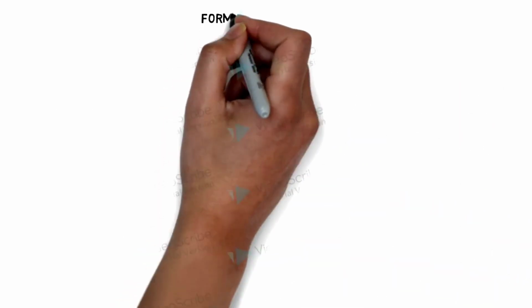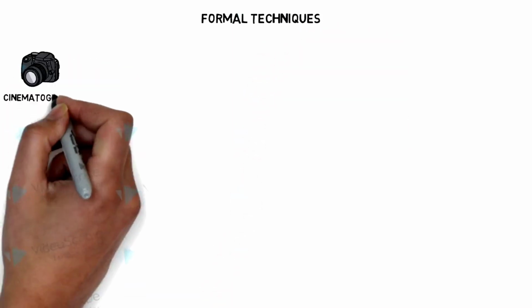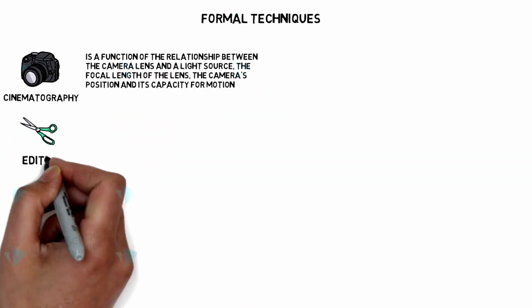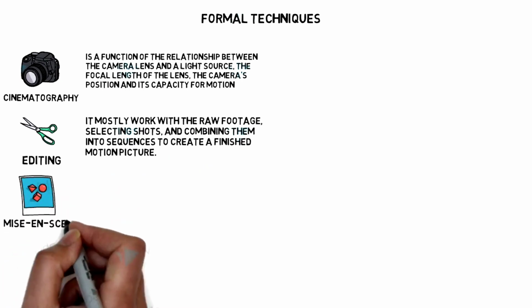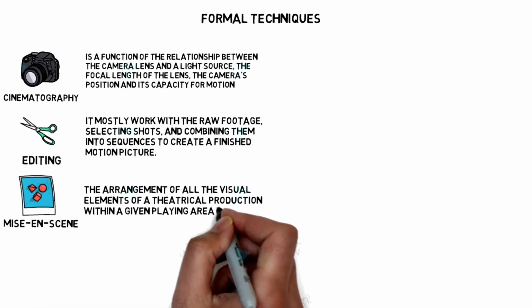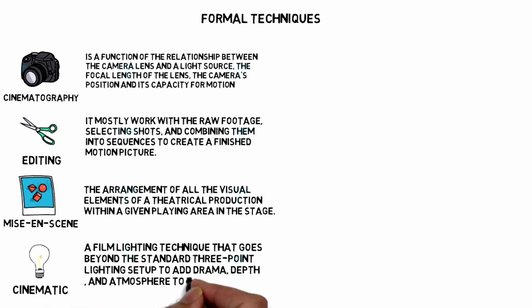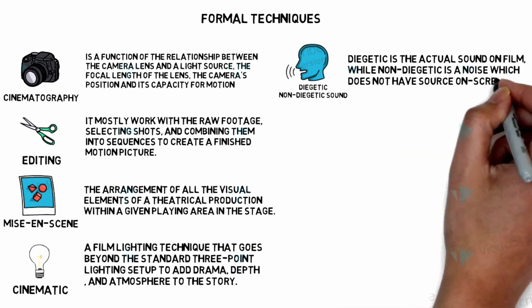The first thing that you have to consider in formal techniques is the cinematography of the film. Cinematography is a function of the relationship between the camera lens and a light source. So you have to focus on the focal length of the lens, the camera's position, and the capacity for motion.